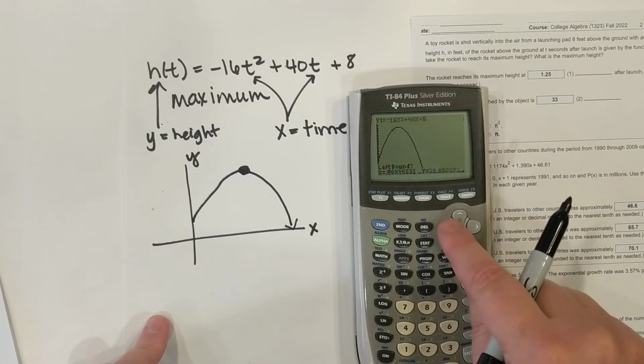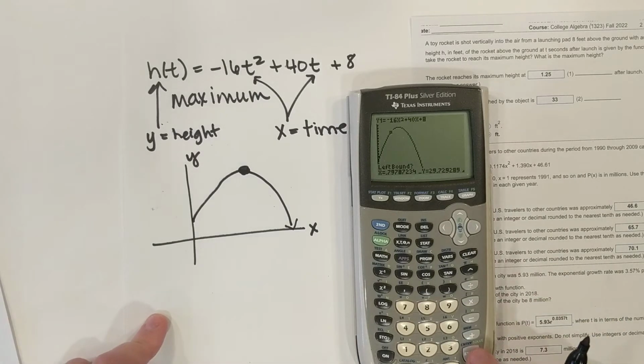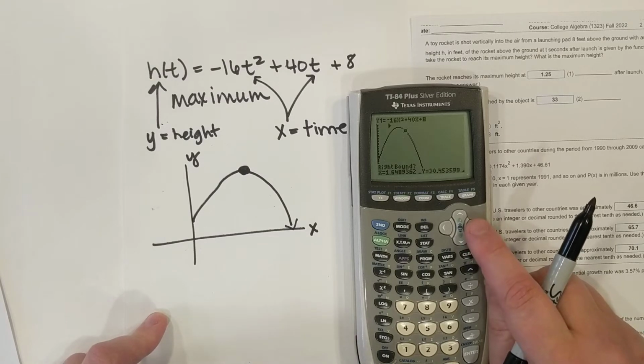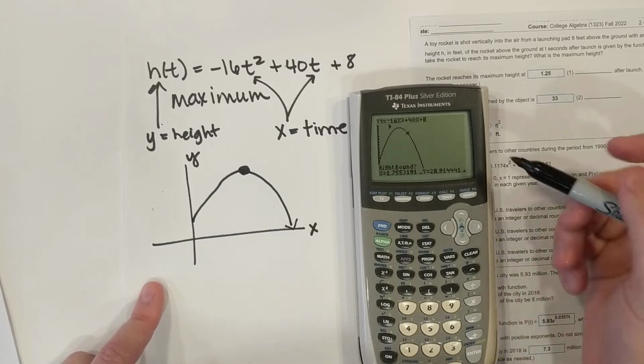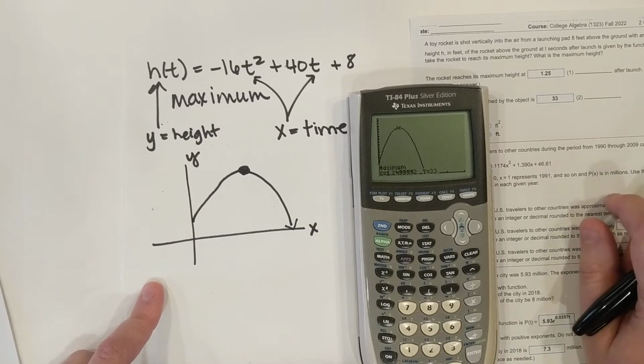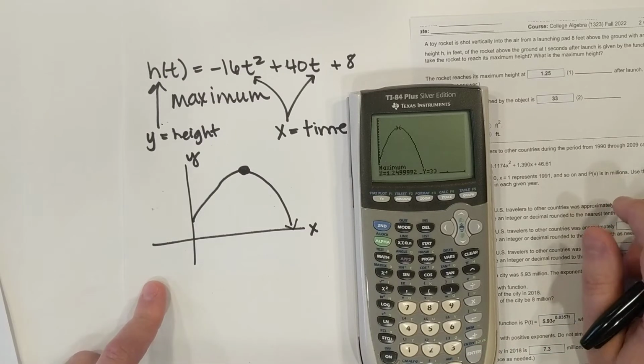To the left would be anywhere over here. Enter. And if you need to pause a video at any time, feel free to do so. And then to the right, this is on the right side of that maximum. So it's looking between those two arrows for the answer. And the answer does exist right there.